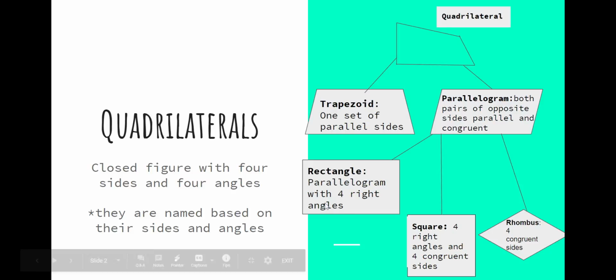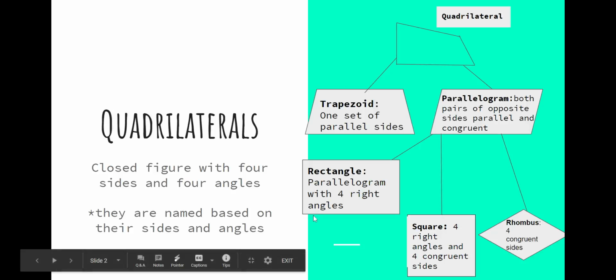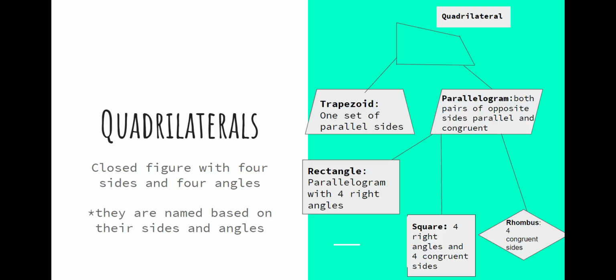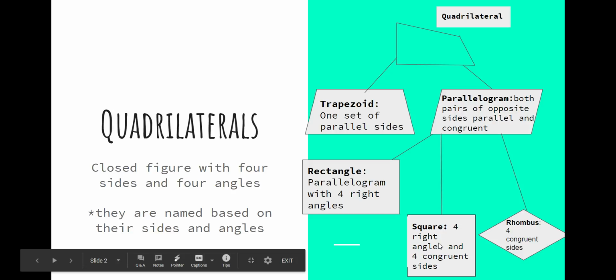But it also has four right angles, so remember the little box we've been drawing with right triangles, that's the same thing. If you go back and look at the parallelogram, it doesn't necessarily have a right angle. The sides are not straight. So that's the difference with a rectangle.